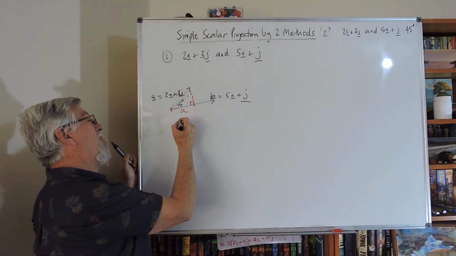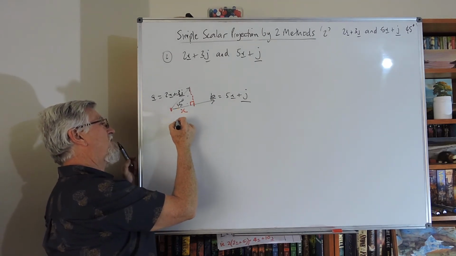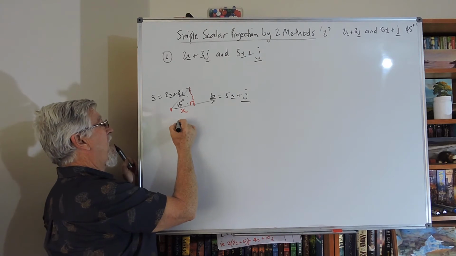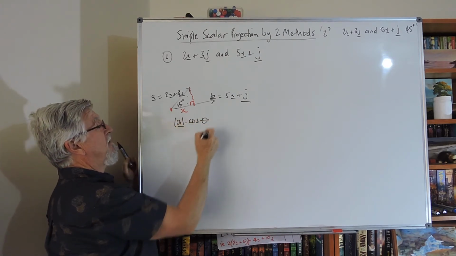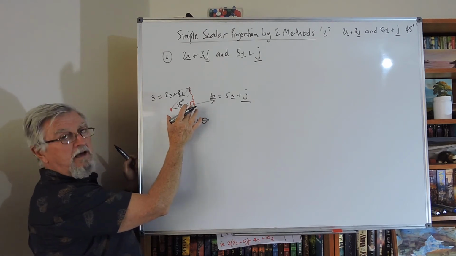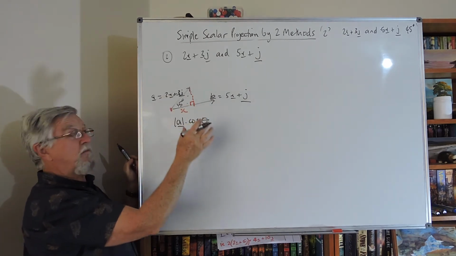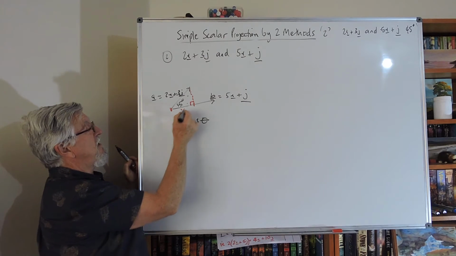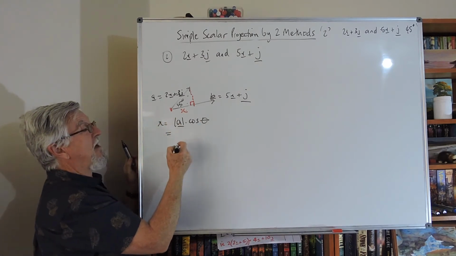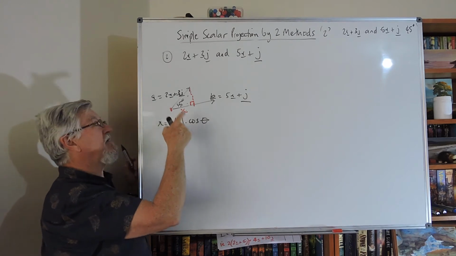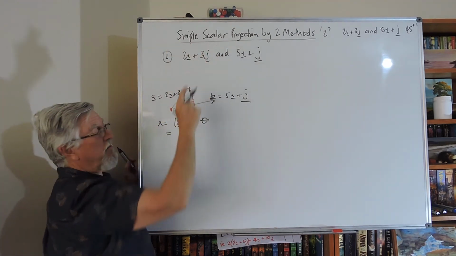So I can go, the magnitude of A by the cos of theta. So this length here, if you want to go back and do the trigonometry, have a look at the previous video. So this length x is the magnitude of A by the cos of theta, and that's one of our ways of calculating the length of the scalar projection.